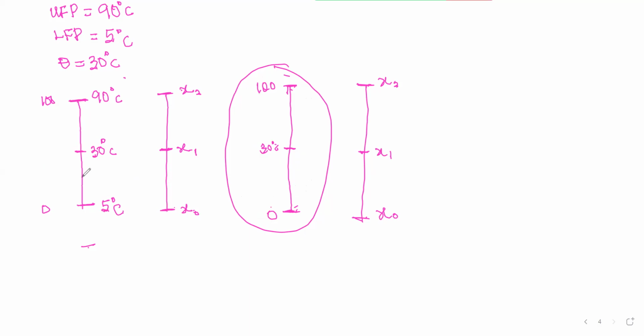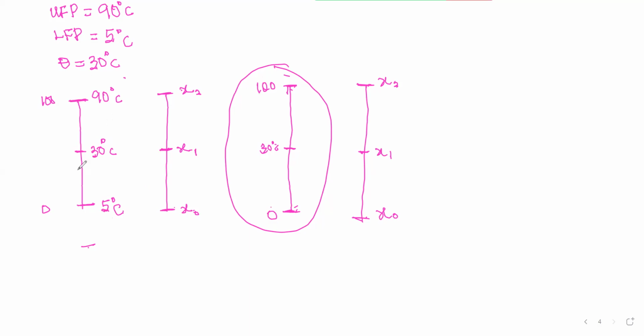But in this case, the lower fixed point is 5. Upper fixed point is 90. So it cannot be 1 degree to 1 centimeter.